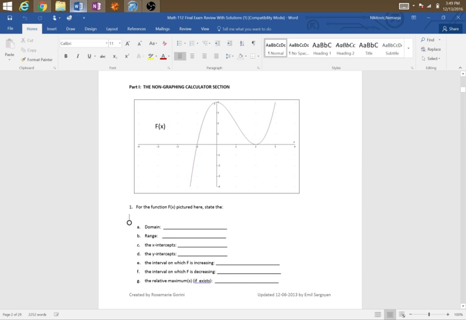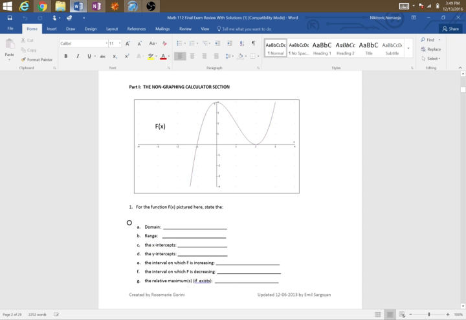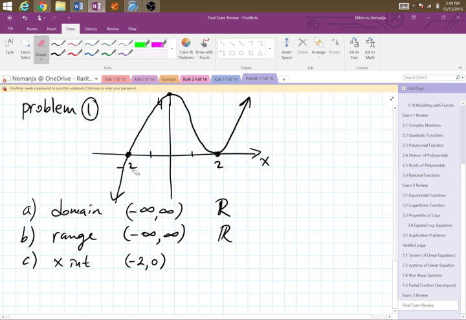What was the question C? X-intercepts. So what do we have? So we have -2, 0. Why -1? On the graph. Oh, the -1 on a graph. Okay.